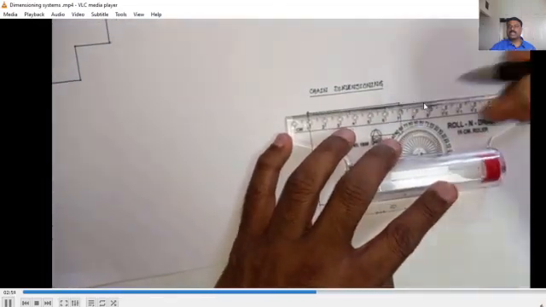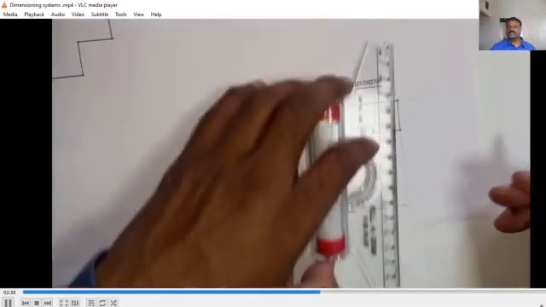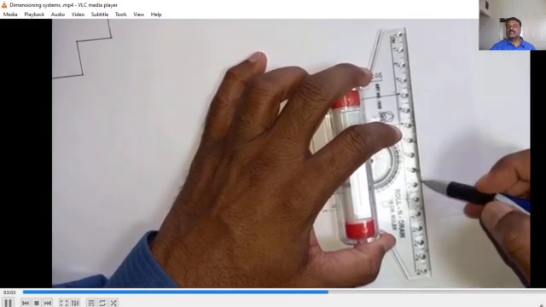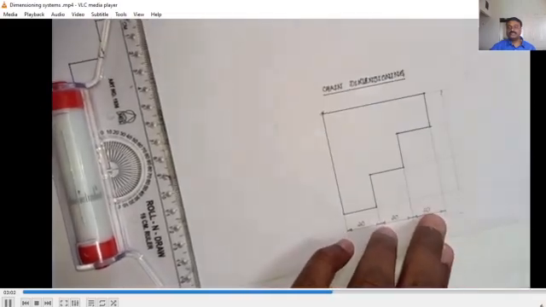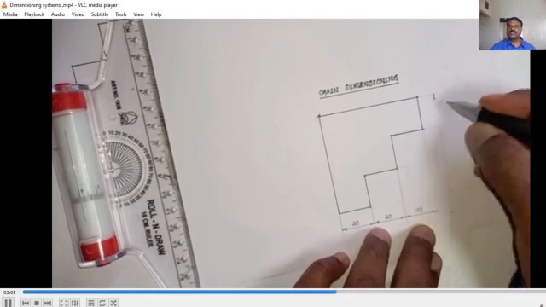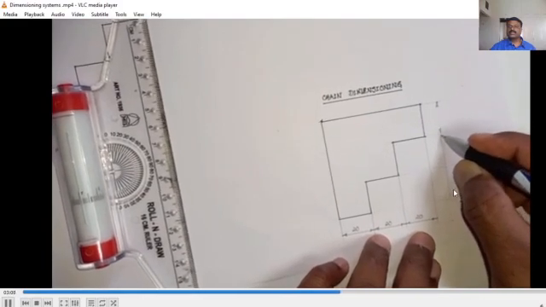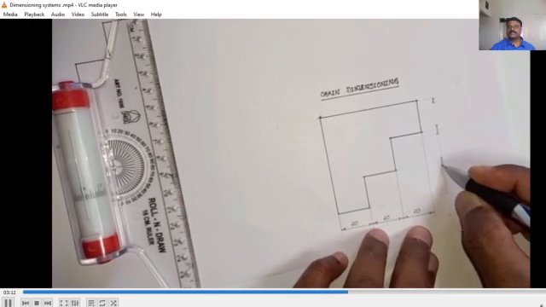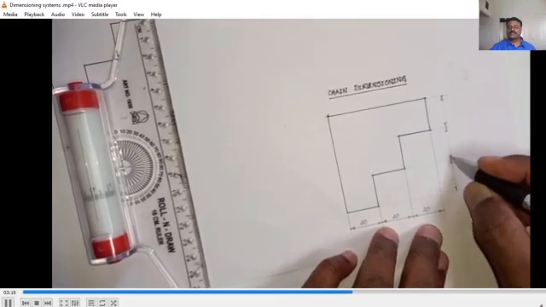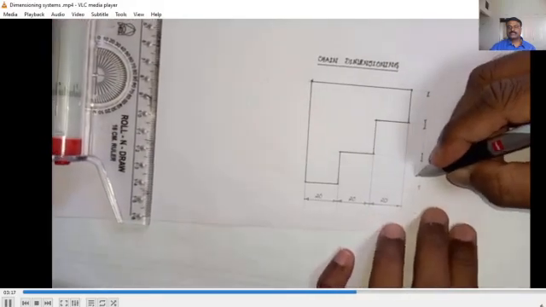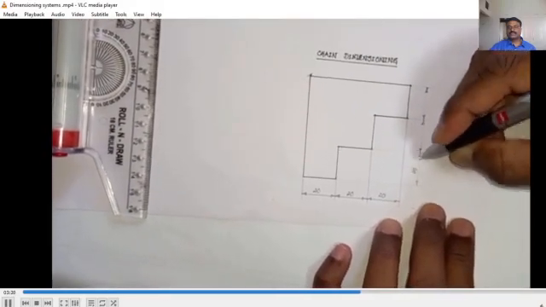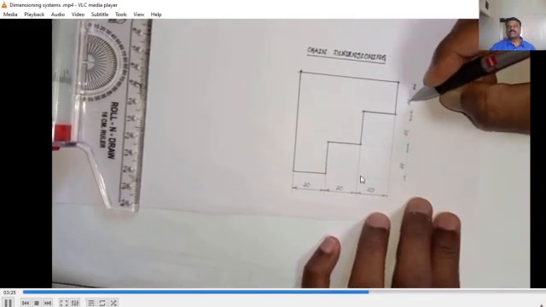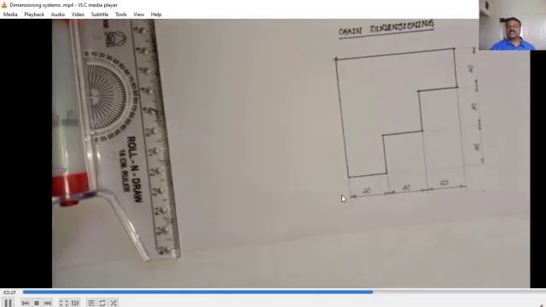Now leave 10 mm space. Draw the dimension line. Place arrowheads like this, closed and filled. So the aligned system is readable from the bottom as well as the right side. So chain dimension in the aligned system.